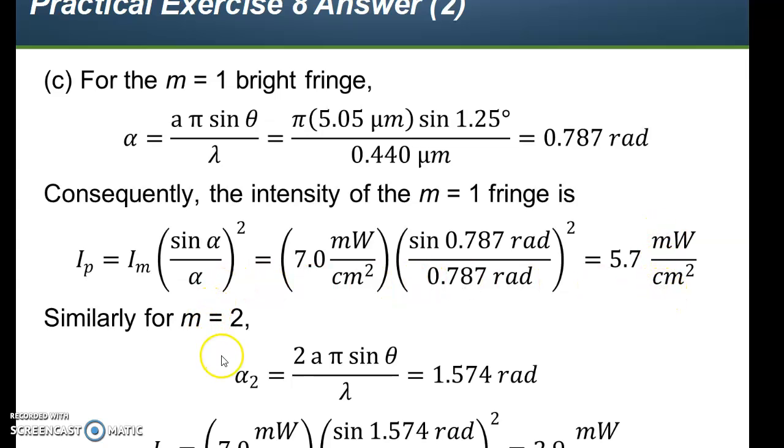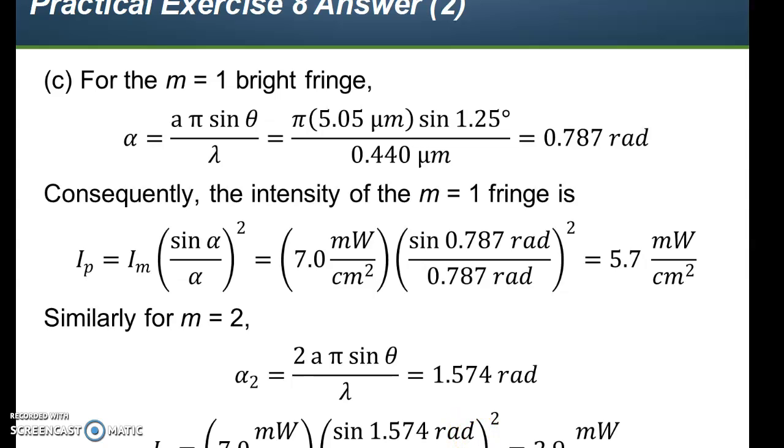For M2, it would be 2 times that value. So you have 7 milliwatts per centimeter squared, sine 1.574 divided by 1.574, squared.